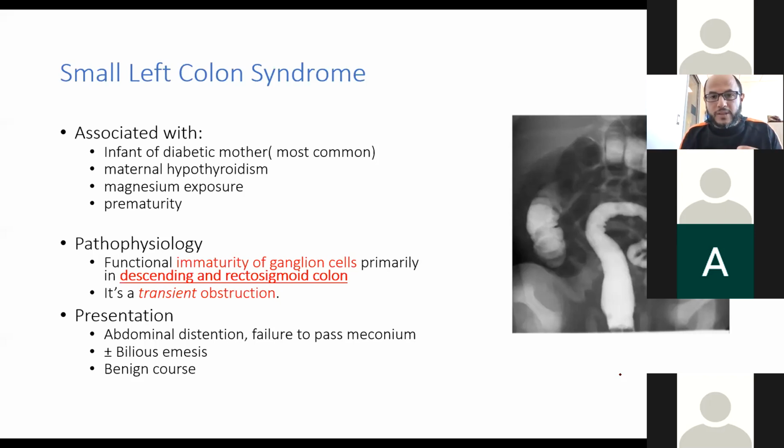So let's go one by one what this means. It's commonly associated with infant of diabetic mom. That's number one. It can also be associated with maternal hypothyroidism, magnesium exposure, or prematurity. All of these, it's transient.